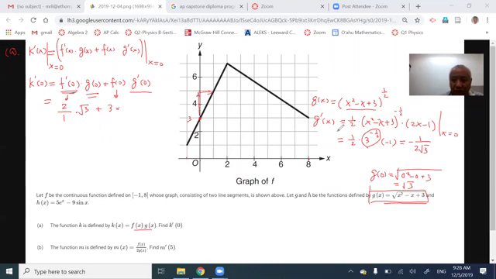This is g'(0). So I put 0 here, and 3 to the negative half power, times negative 1 times half, just negative half.